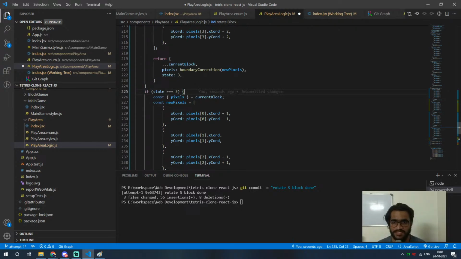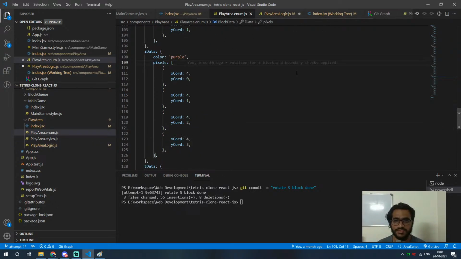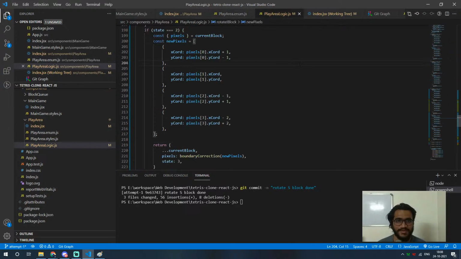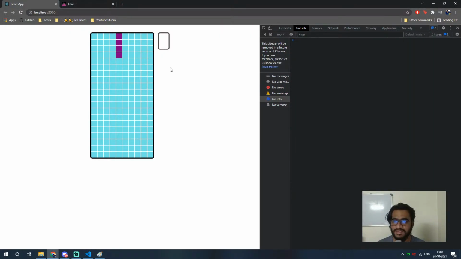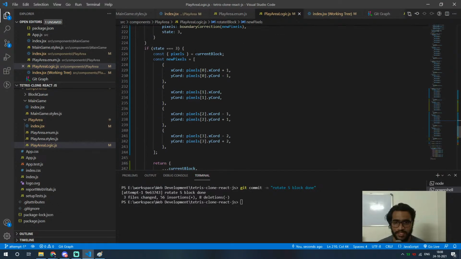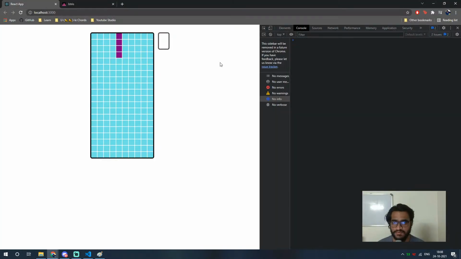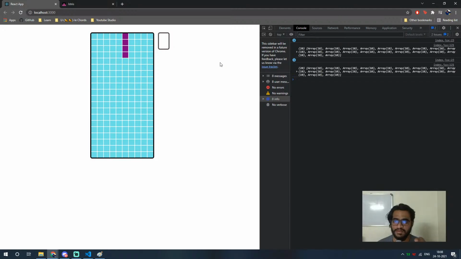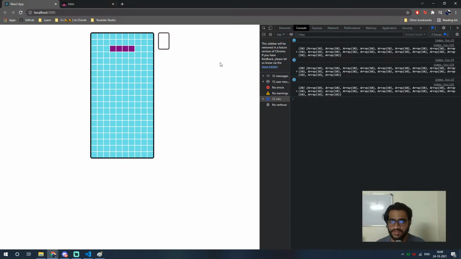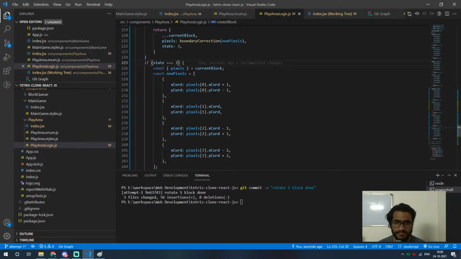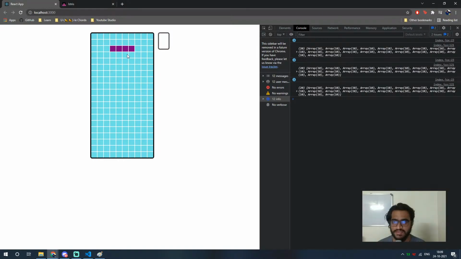There are not going to be 5 states, because obviously Tetris is going to follow some pattern, right? Because it's just a game, so it has to follow a pattern. So from 3 it will definitely go to 0. Now from 3 to 0 it would be minus 1x minus 1y. Then the anchor pixel would remain the same.